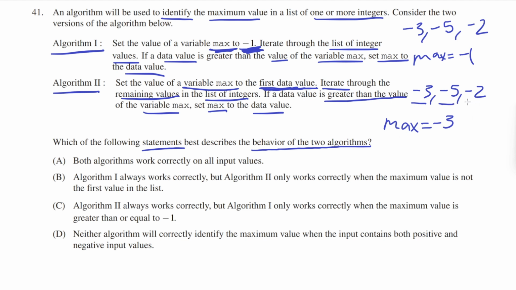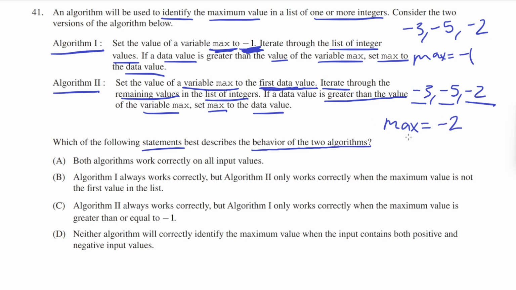And -2 is greater than -3, so that means we get rid of this old maximum and replace it with our new maximum, -2.